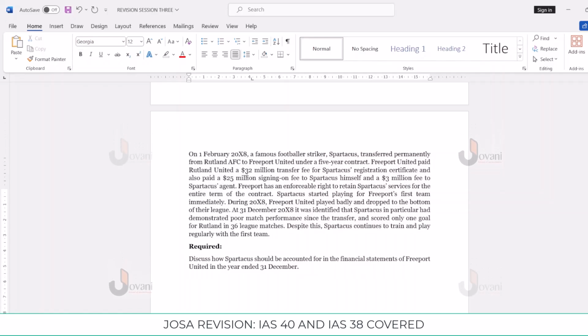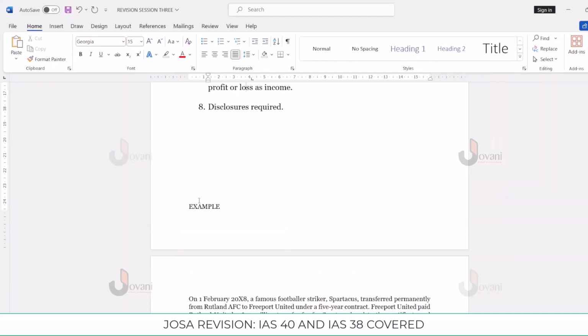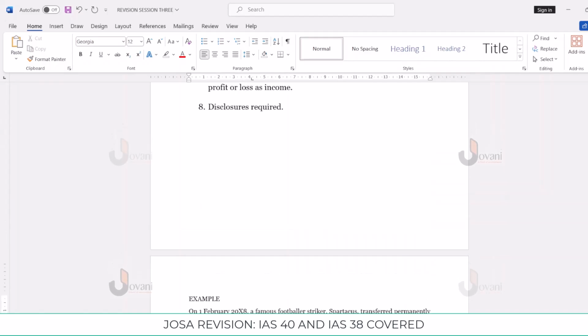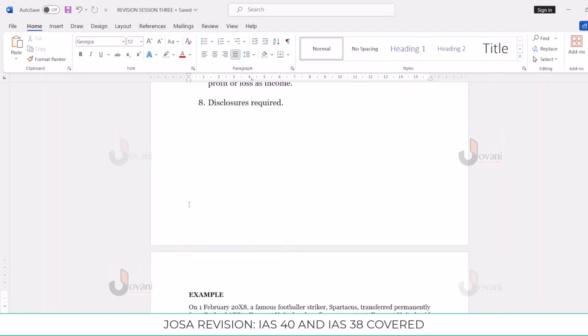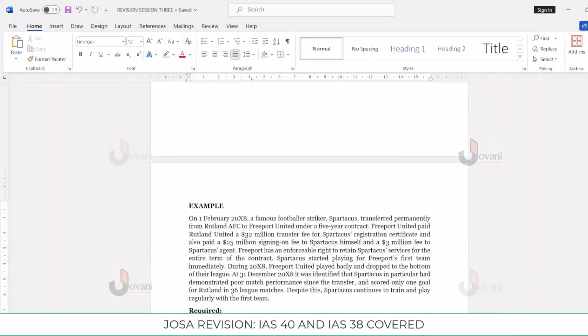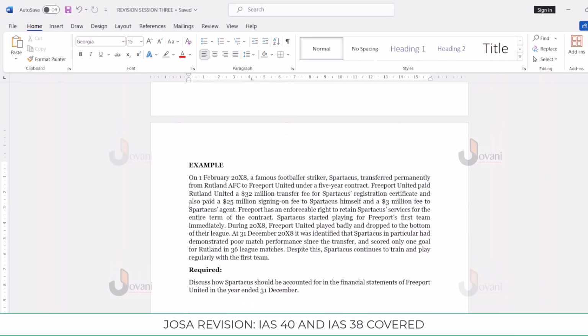For the reversal, now that we adjust the profit or loss, what do we do to the individual assets when there is a reversal?